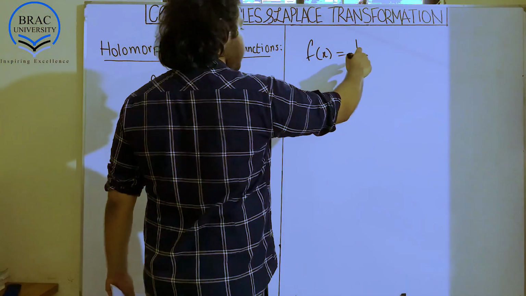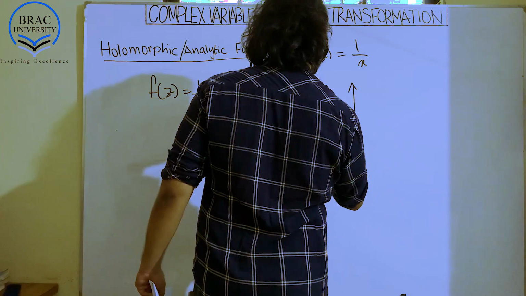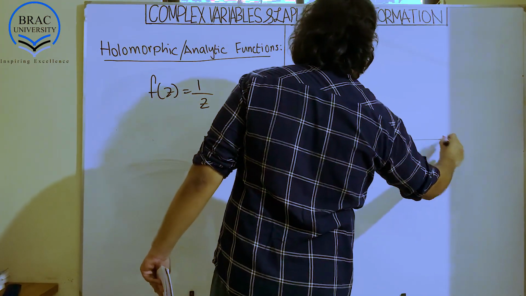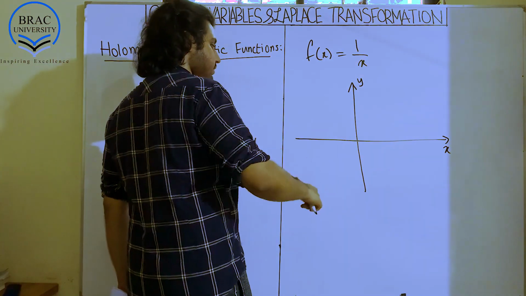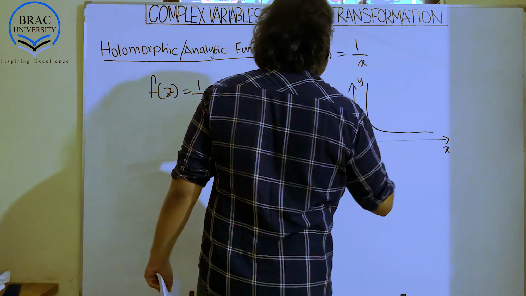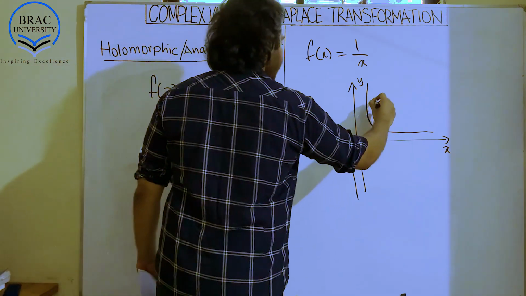It basically breaks continuity here as well. If I simply draw it, this is for the real number case. I just want to show how it breaks continuity, and this is the mapping of a real valued function. So this here is the graph of 1 over x.